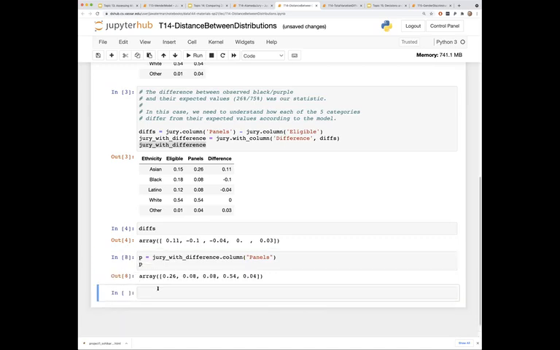There. And so if we take the absolute, so we get ABS of diffs.